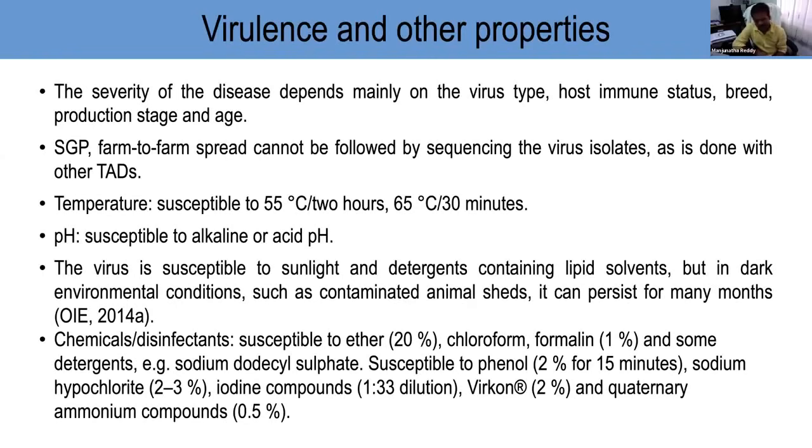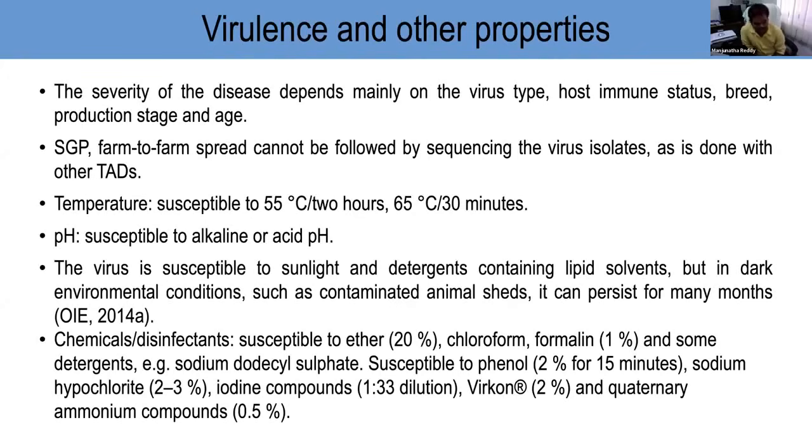Unlike FMD or the other segmented viruses, the virus cannot be traced by farm to farm spread because it is not that much subject to mutations or all those things. It is susceptible to temperature, at the rate of maybe 55 degrees and 65 degrees for 30 minutes. If you heat or subject the utensils or whatever fomites you have used for the purpose, the virus can be inactivated.